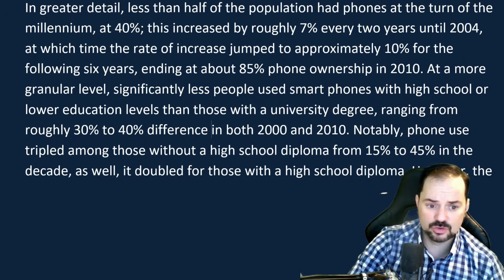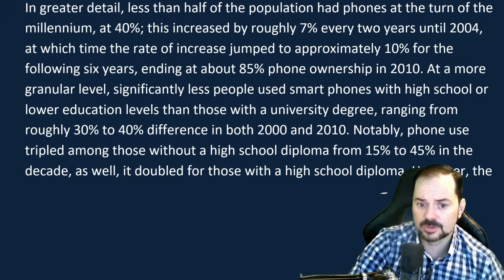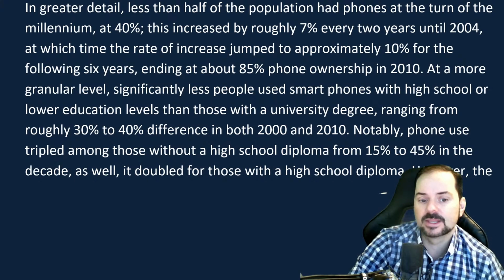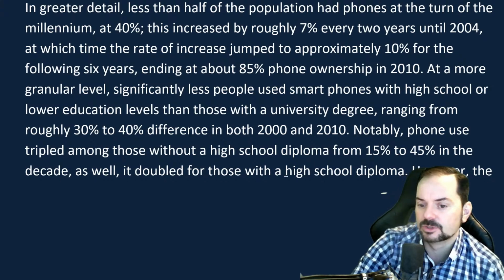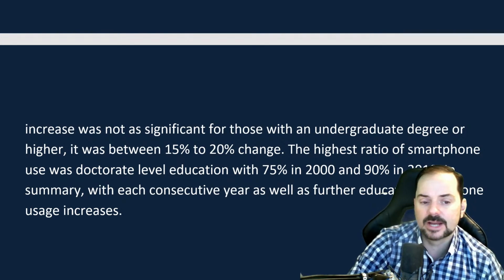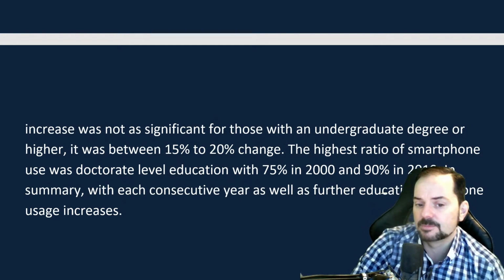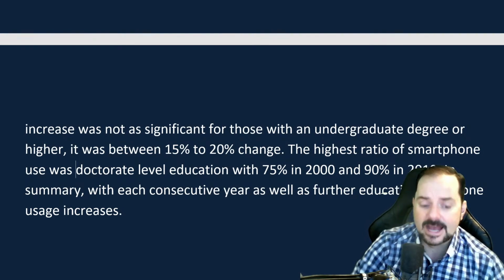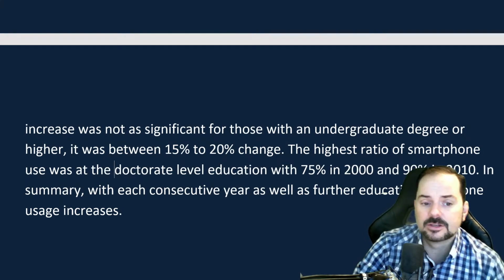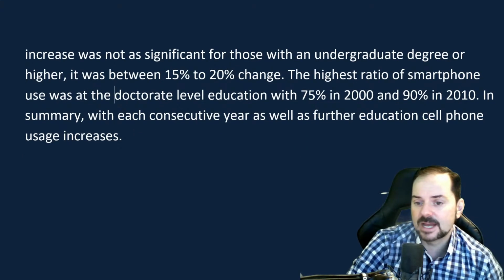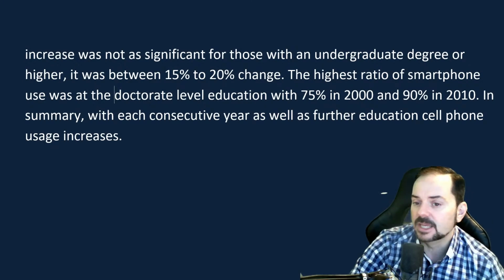Notably, phone use tripled among those without a high school diploma from 15 to 45% in the decade. As well, it doubled for those with a high school diploma. However, the increase was not as significant for those with an undergraduate degree or higher. It was between 15 to 20% change. The highest ratio of smartphone use was at the doctorate level education, with 75% in 2000 and 90% in 2010.